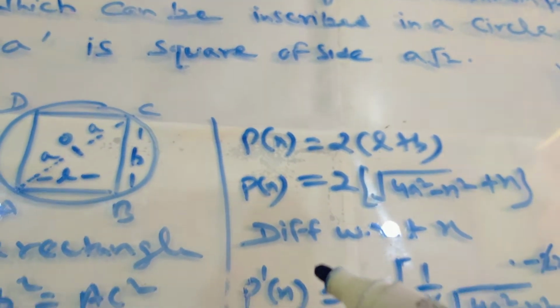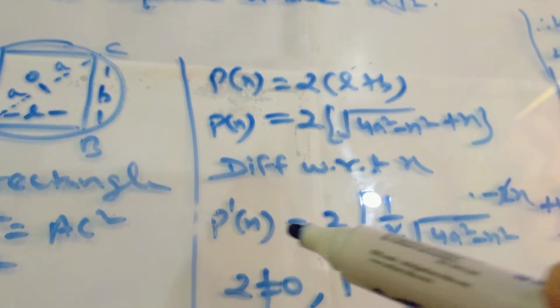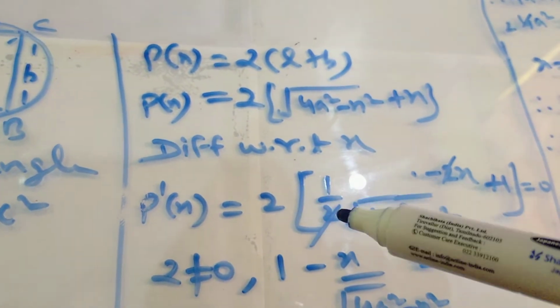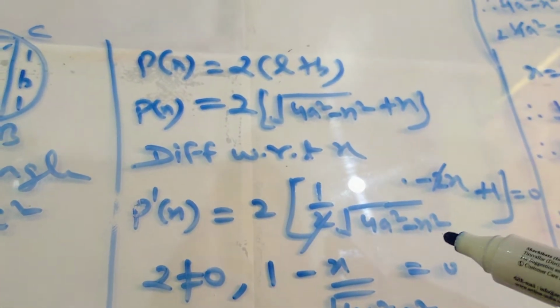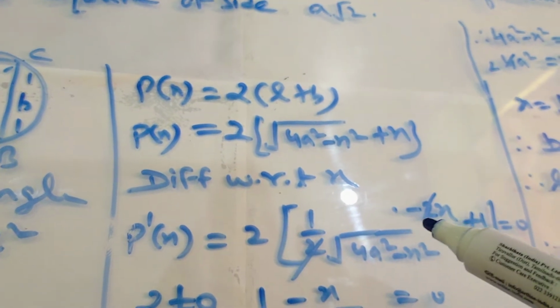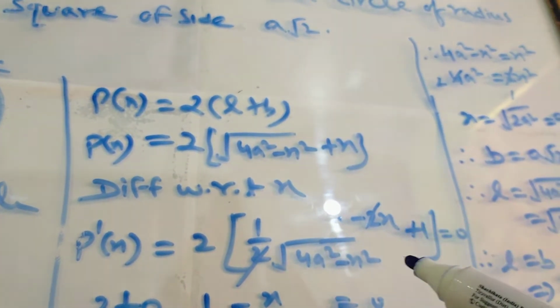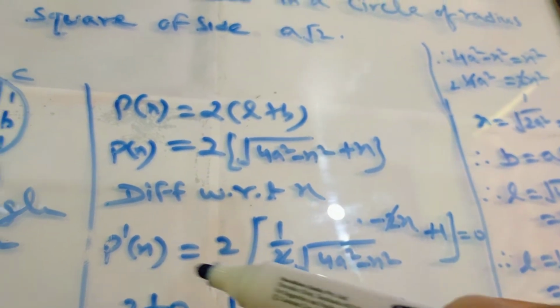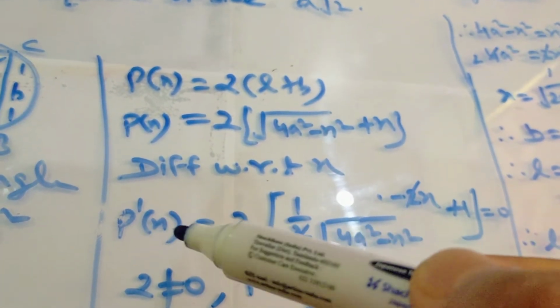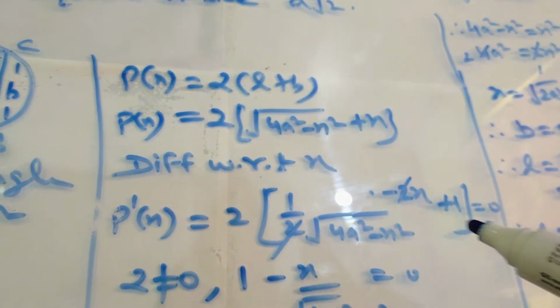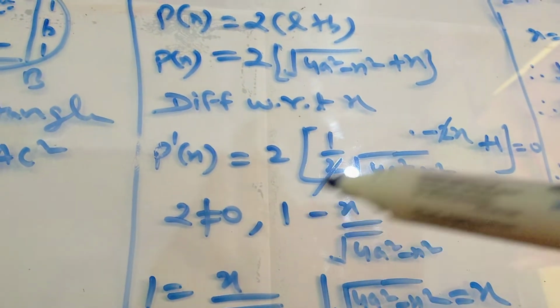Now differentiating with respect to x, it is half of the root of 4A square minus x square multiplied by minus 2x, applying the chain rule over here. And the differentiation of x, of course, is 1. Whatever we have differentiated must be equal to 0, so from here we will get the value of x.